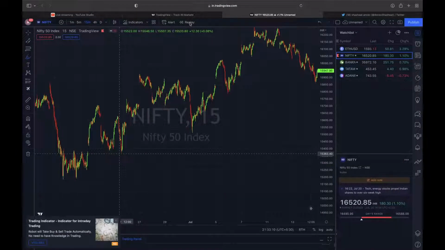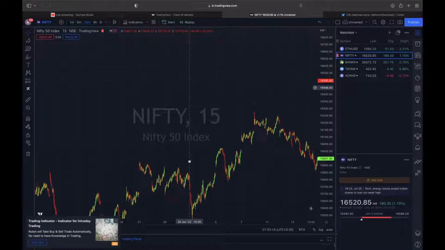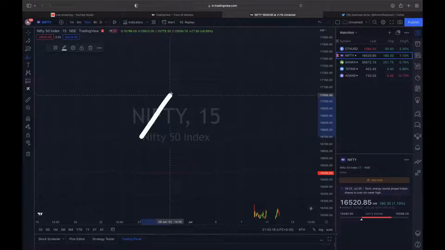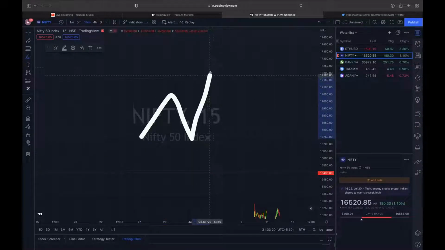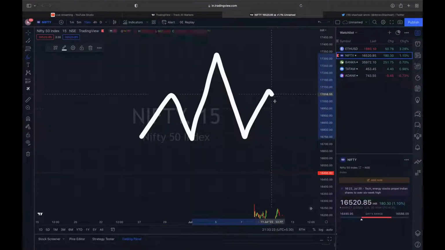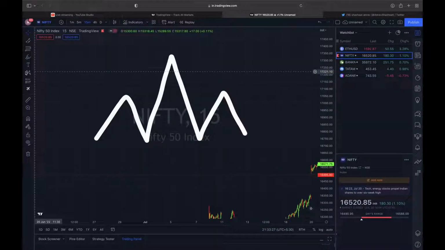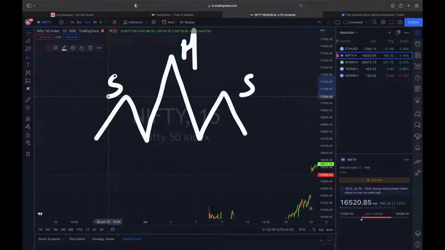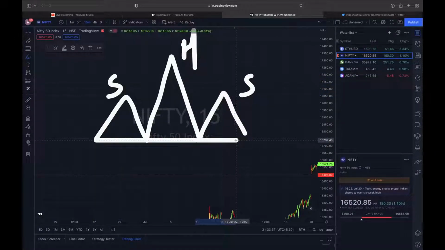Let's learn what exactly is a head and shoulder pattern. Shoulder, head, shoulder. Can you see this? Mountains, shoulder, head, shoulder, and a common neckline.